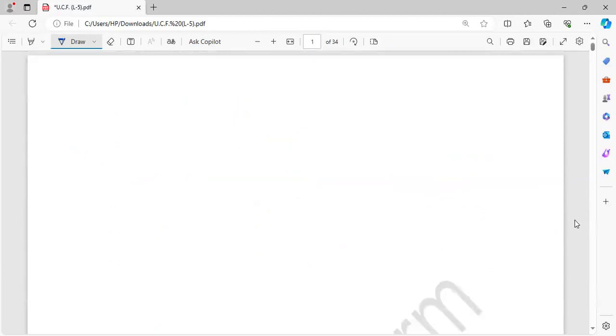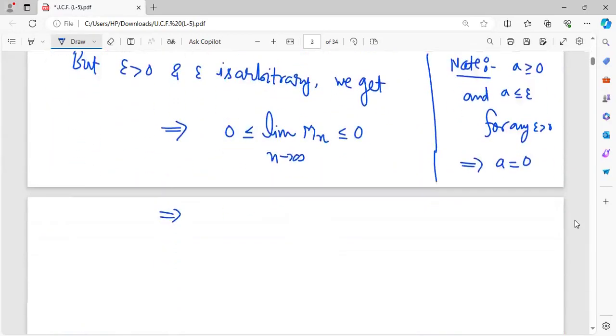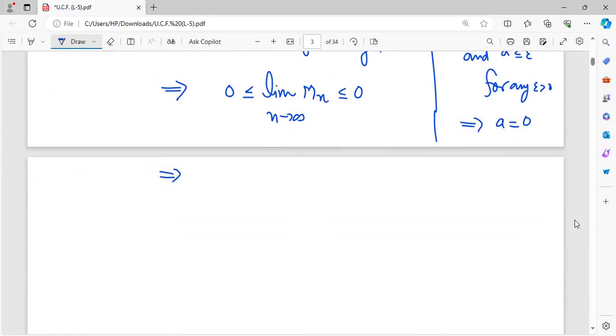So Mn tends to 0 as n tends to infinity.